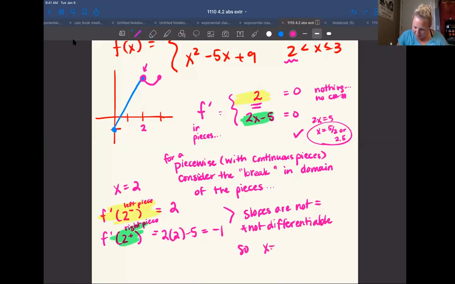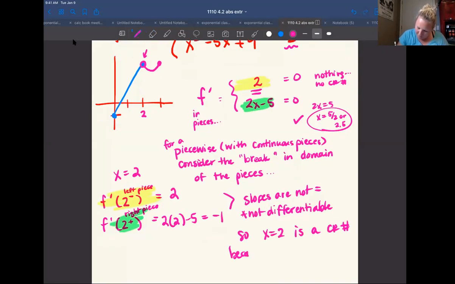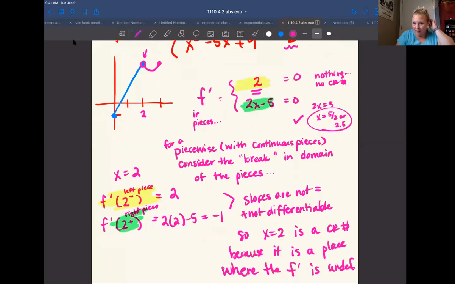So an x value of 2 is going to be a critical number because it is a place where the derivative is not defined. It makes it a critical number because it's a split in the domain, and it creates a point that's not differentiable.